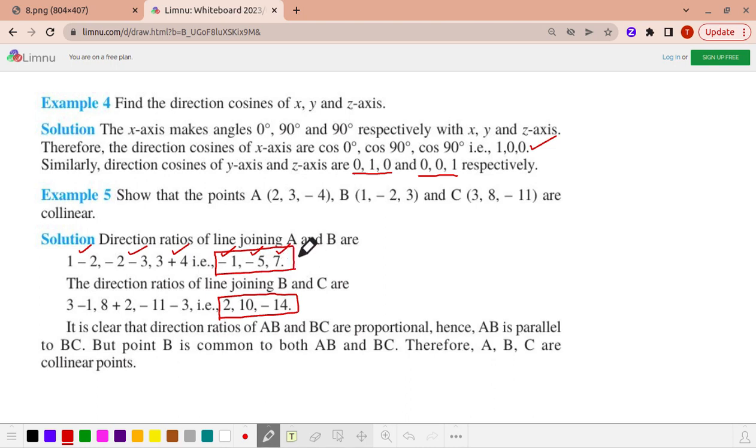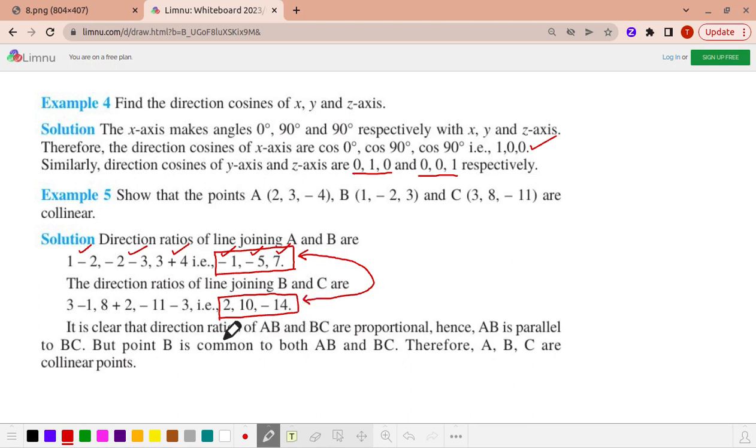Now we observe that minus 1, minus 5, 7 and 2, 10, minus 14 are proportional. That means if you multiply all the three components, that is minus 1, minus 5 and 7, by minus 2, we will get 2, 10 and minus 14.